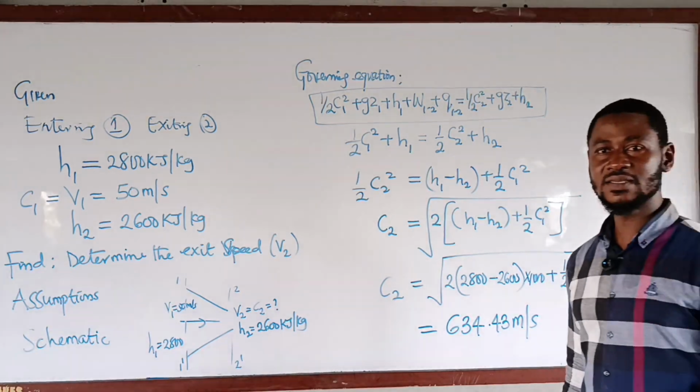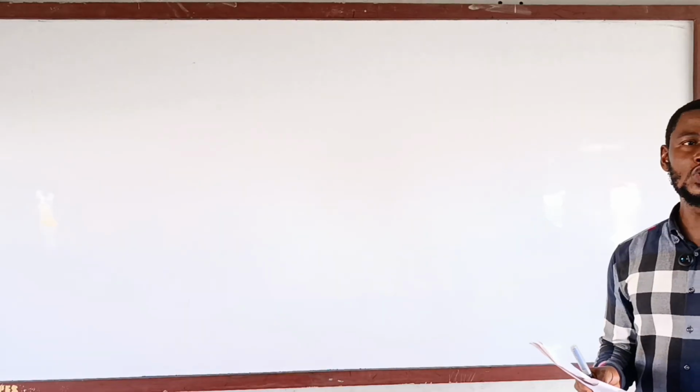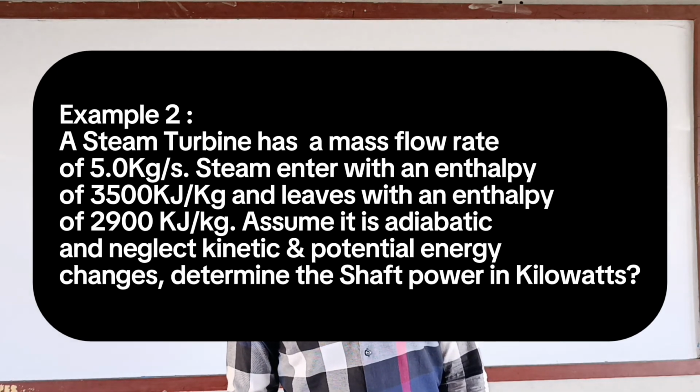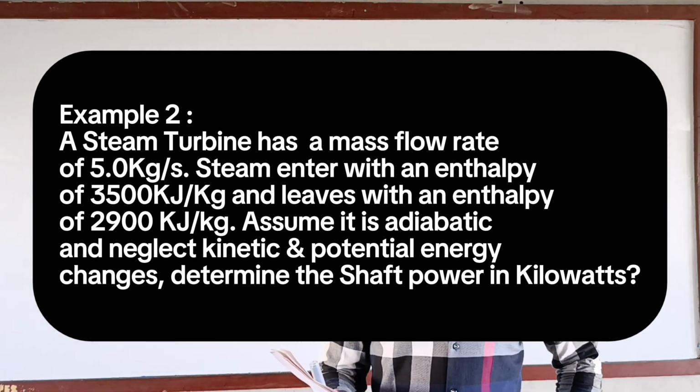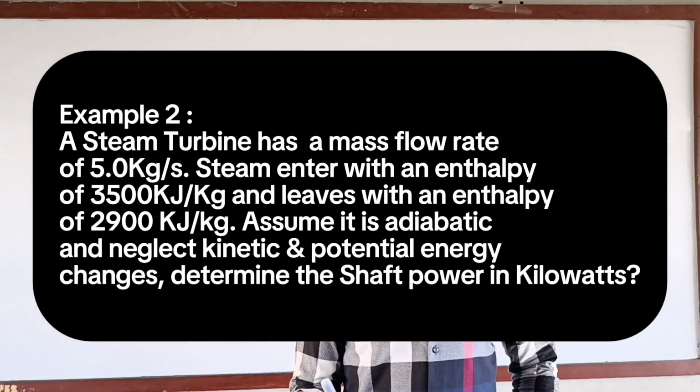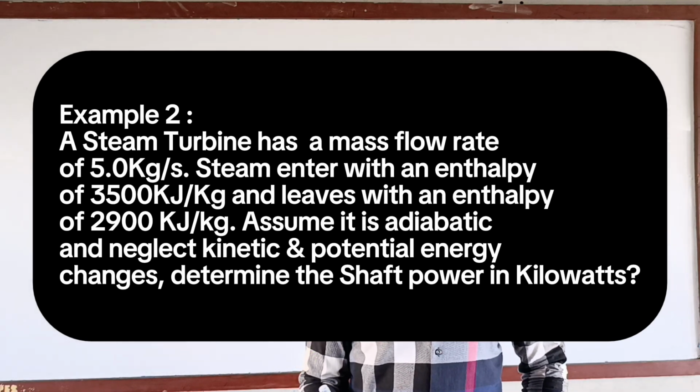Now let's look at example 2. Example 2 is on a steam turbine. A steam turbine has a mass flow rate of 5.0 kilograms per second.